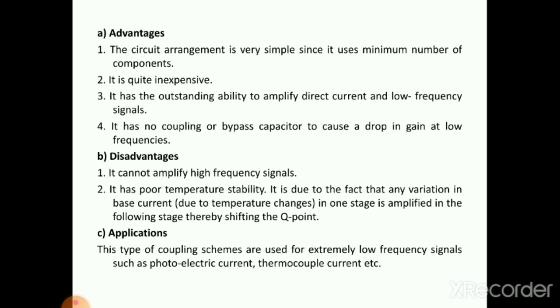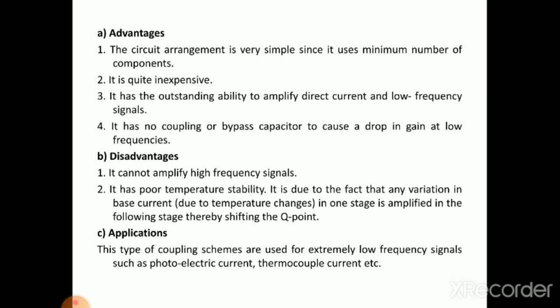Disadvantage: it cannot amplify high frequency signals, obviously. We design this circuit particularly for low frequency signals. Poor temperature stability, due to the fact that any variation in base current in one stage is amplified in the following stage, thereby shifting the Q point.